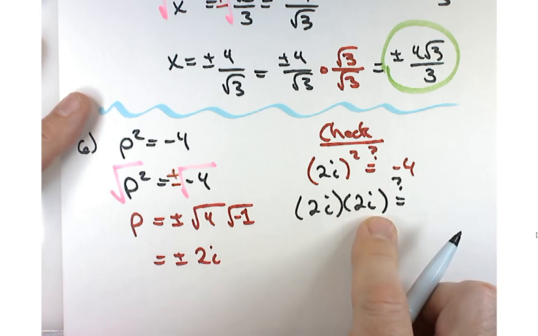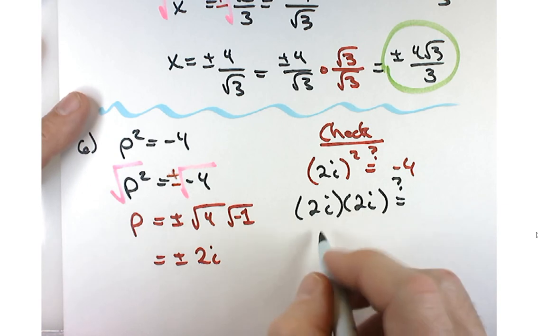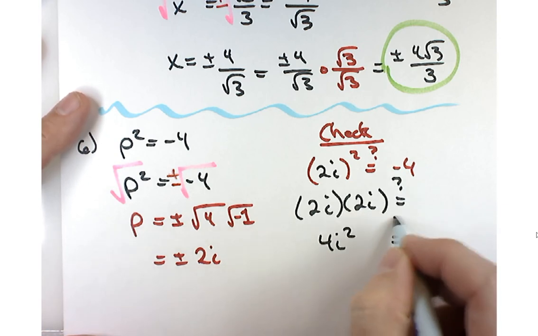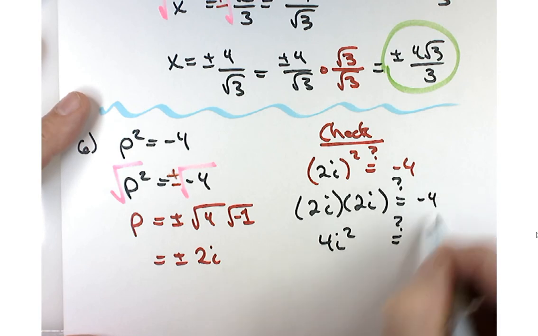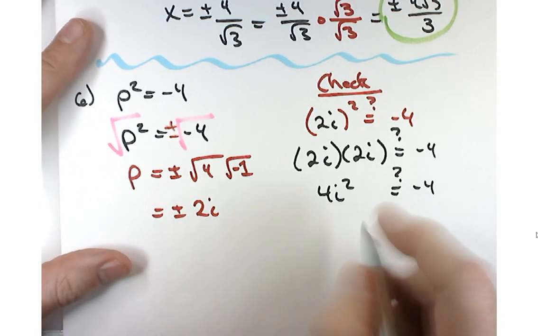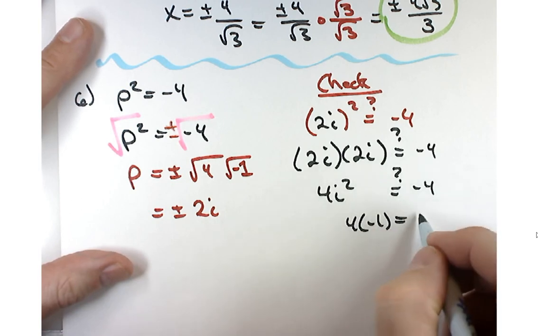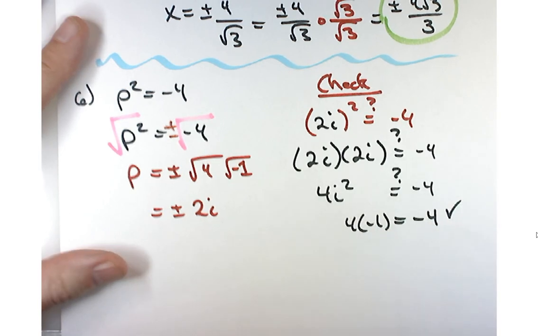What's 2i times 2i going to give me? 4i squared. And what's i squared equal to? Negative 1. 4 times negative 1 is negative 4.